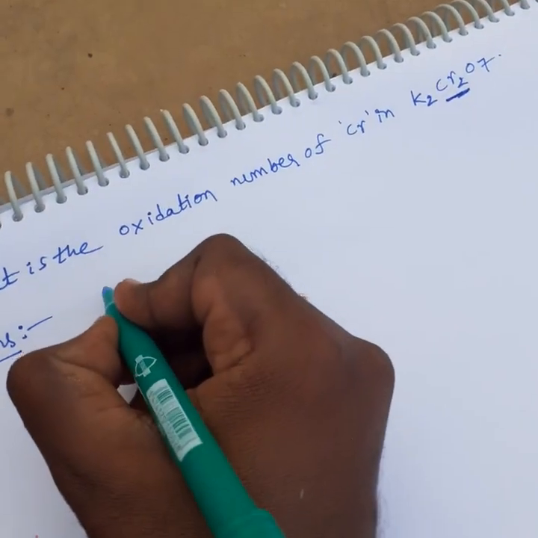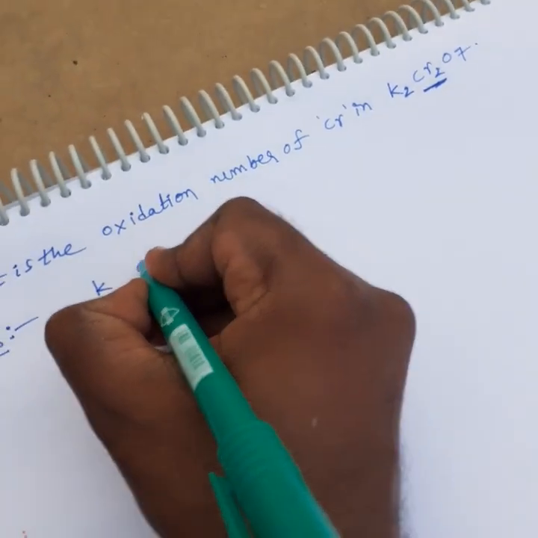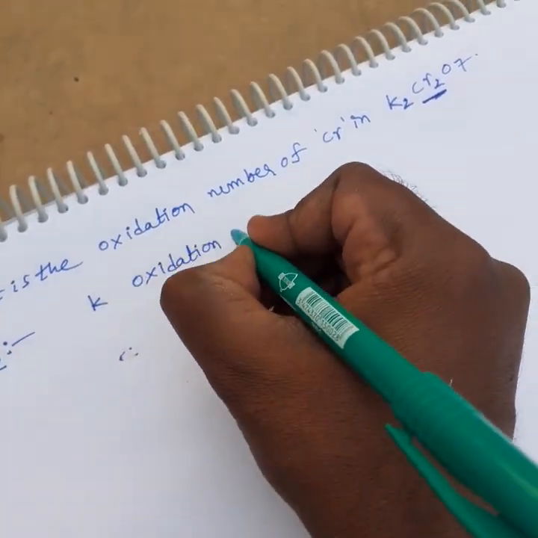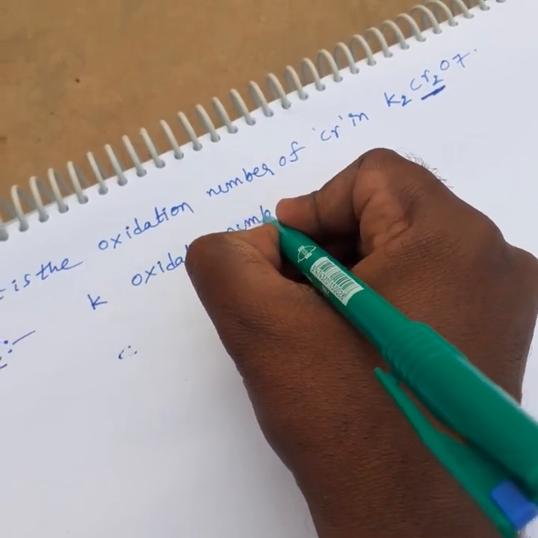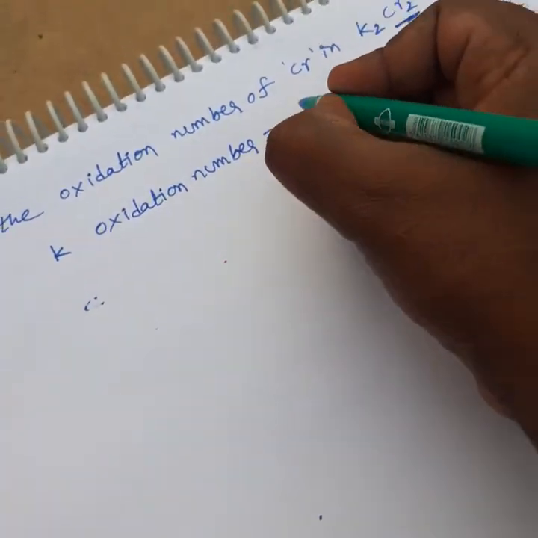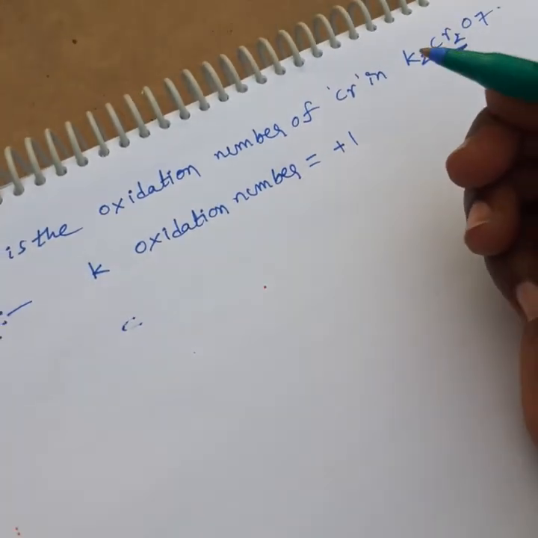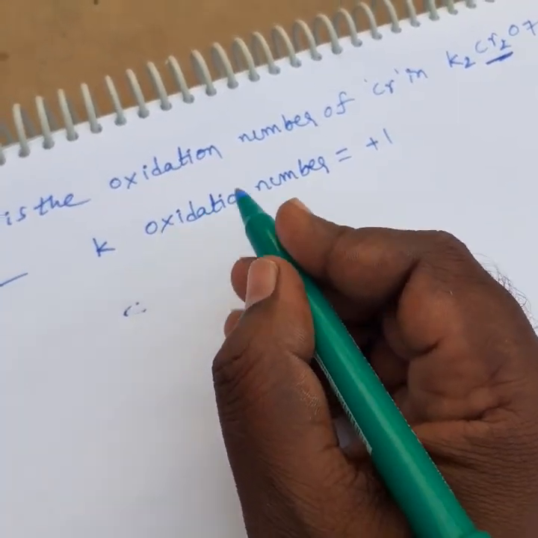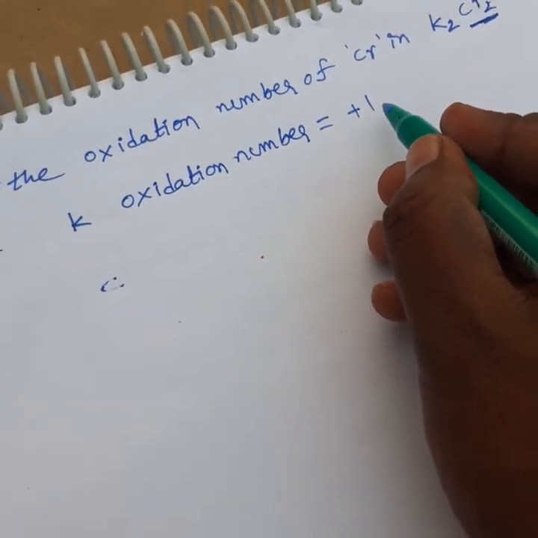Here we can write K oxidation number is equal to +1. Why? Because potassium belongs to the first A group element. That's why its oxidation number is +1.